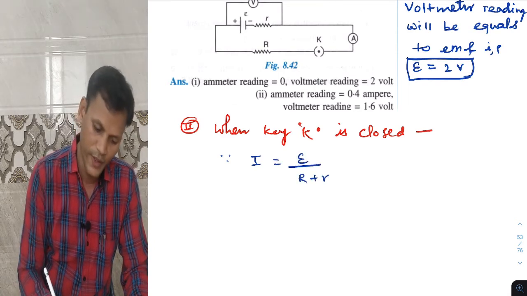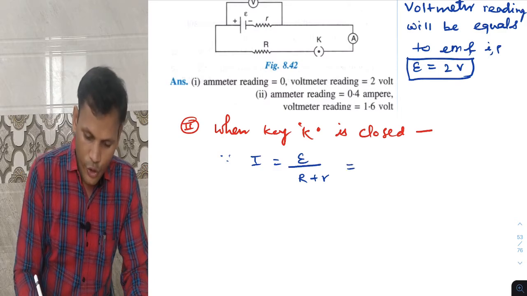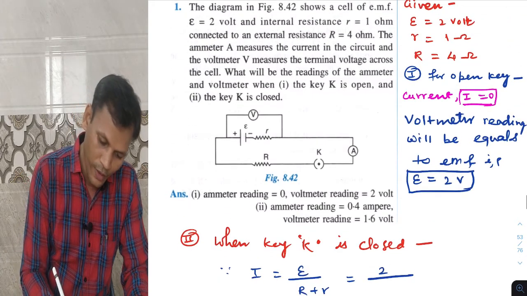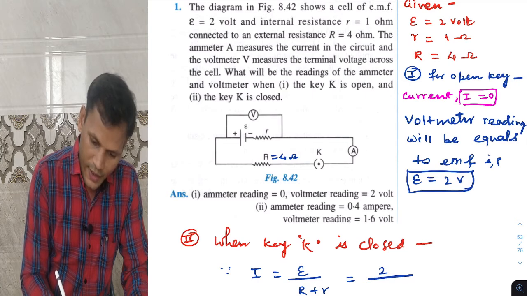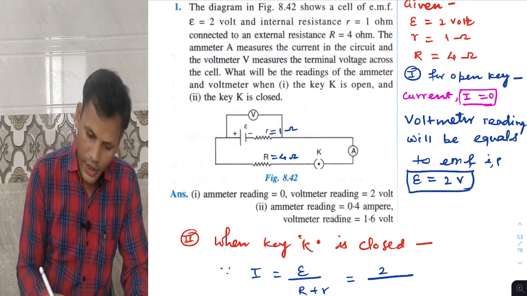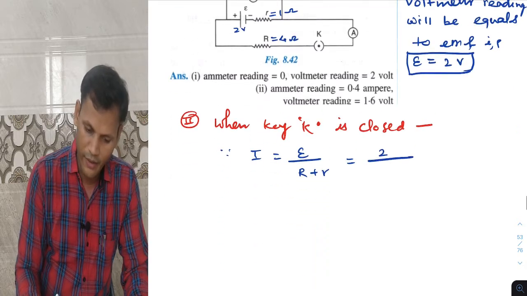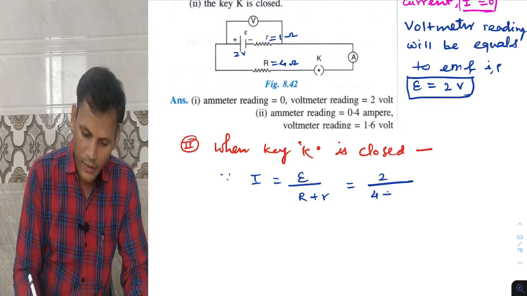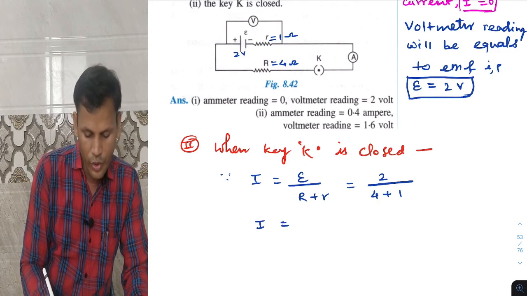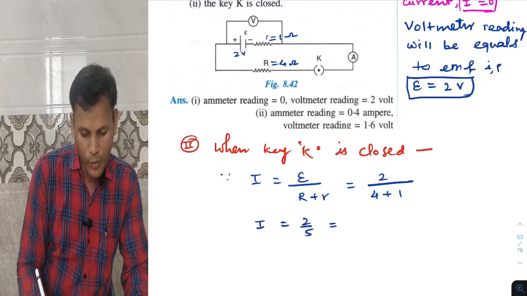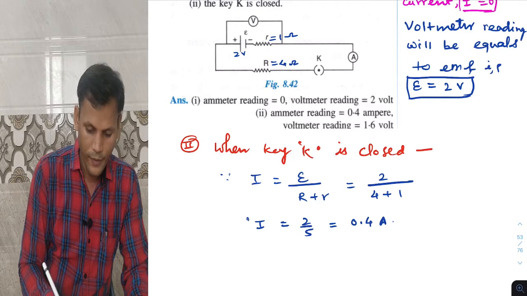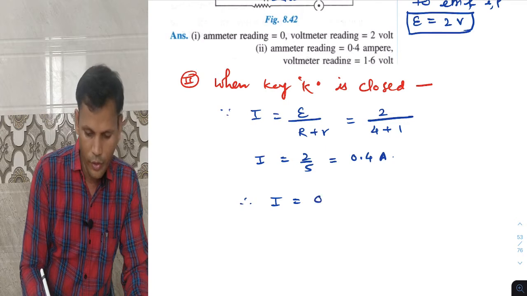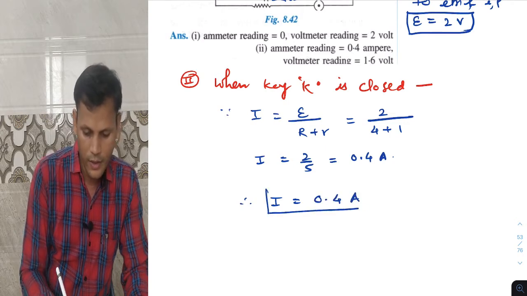Every term is given to us. So E is 2 volt upon capital R is 4 ohm and small r is 1 ohm. So 2 by 4 plus 1. So I becomes 2 by 5, and it is 0.4 ampere. Therefore I is equal to 0.4 ampere. This is the answer.